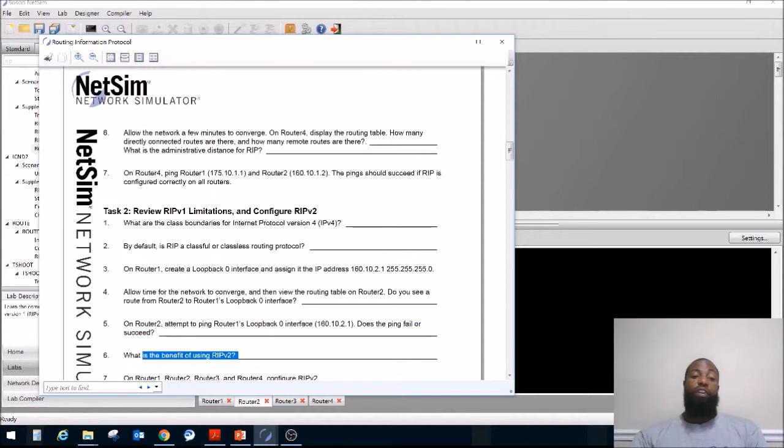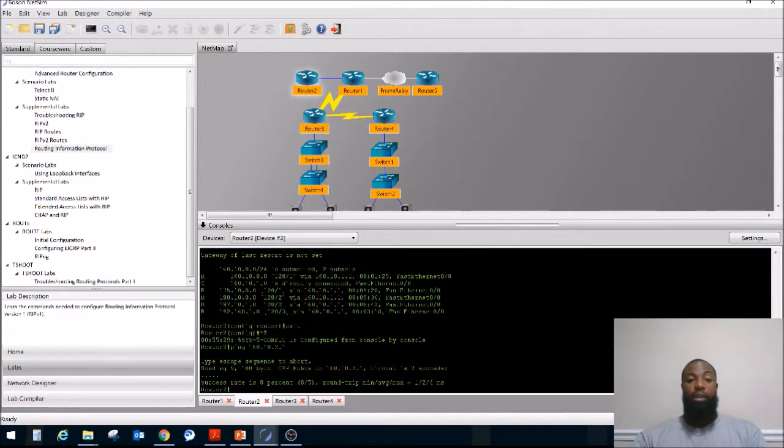What is the benefit of using RIP version 2? For this reason, because we can't ping the 160.10.2.1 network. It's actually classful because it's /24, but we are doing /16 in this case, right? Because we only see 160.10.0.0.